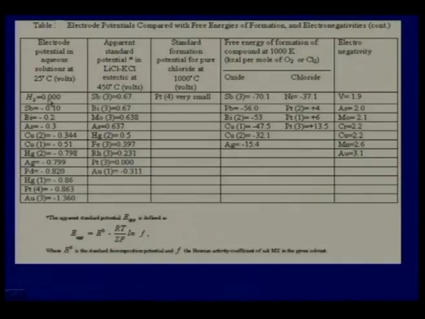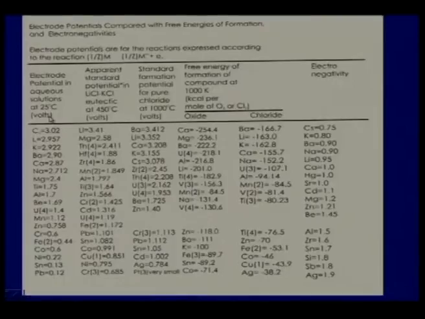There are metals whose electrode potential is below hydrogen, which means these potentials are negative, and there are a good number whose electrode potentials are positive and higher than hydrogen.